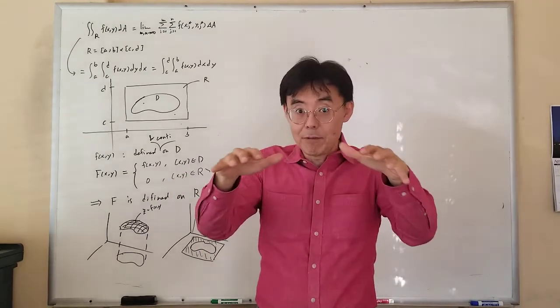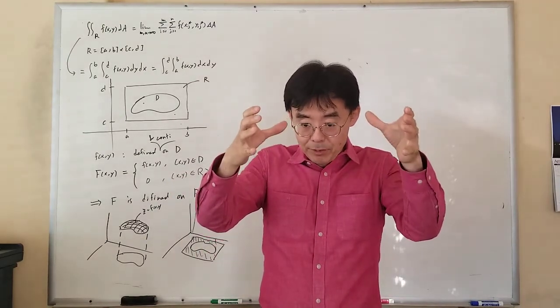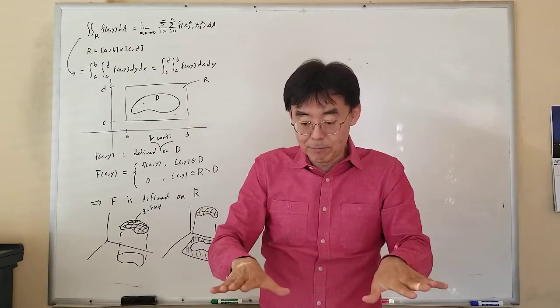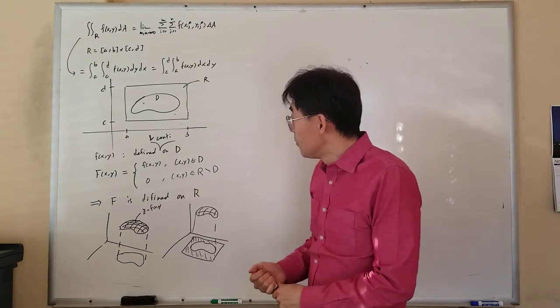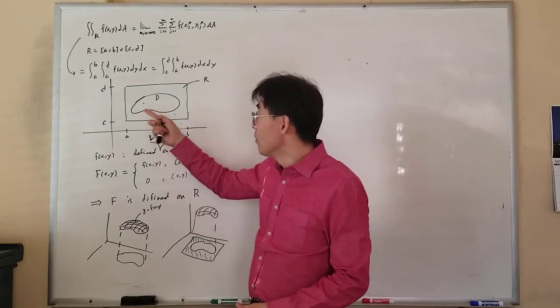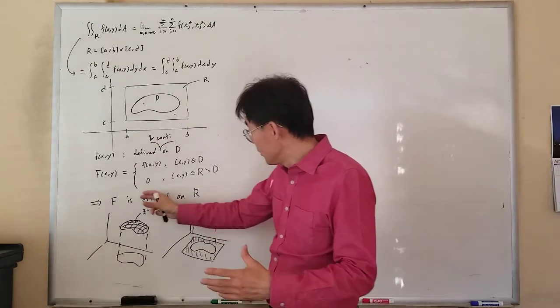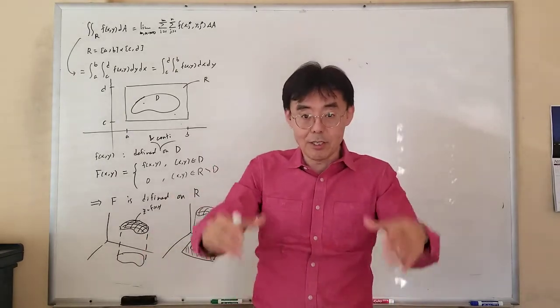The same as graph of lowercase f, and then vertical wall down to flat, 0. Okay? So, if you think about this double integral as a volume of this solid, right? This solid.